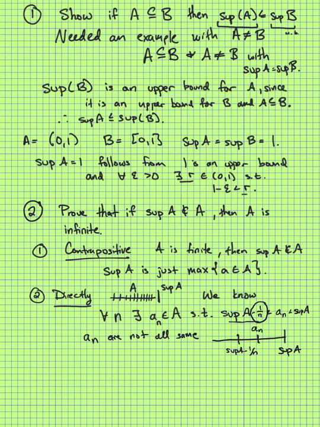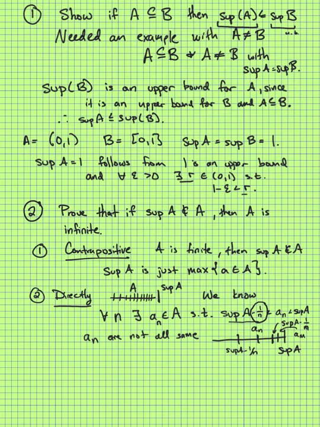And then I know that in between A sub n and sup A, I'm going to be able to find another sup A minus 1 over m, okay? And again, I'll be able to find an A sub m in here. Okay, so these A sub m's have to not all be the same, so therefore they'll end up being an infinite set.